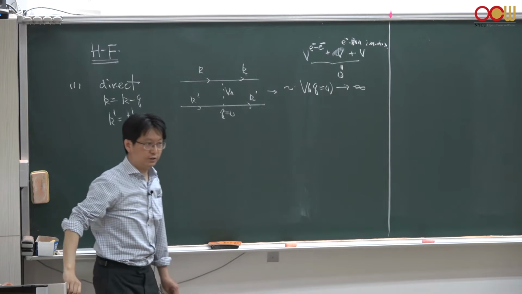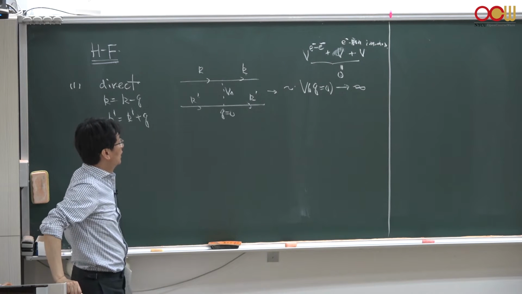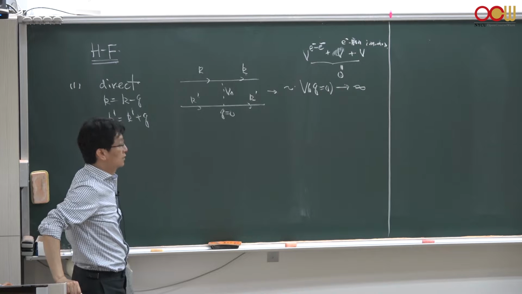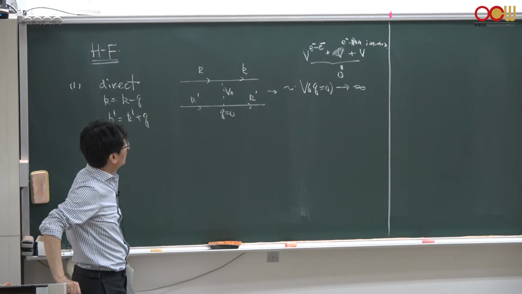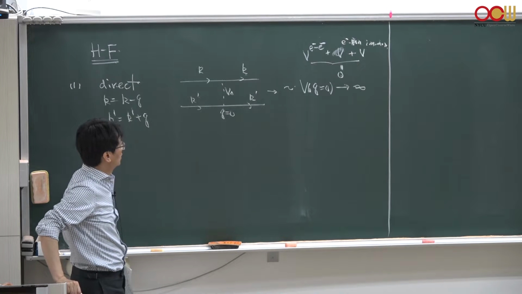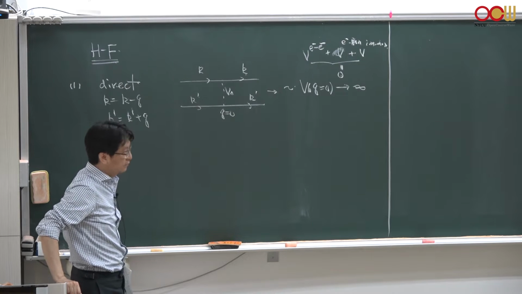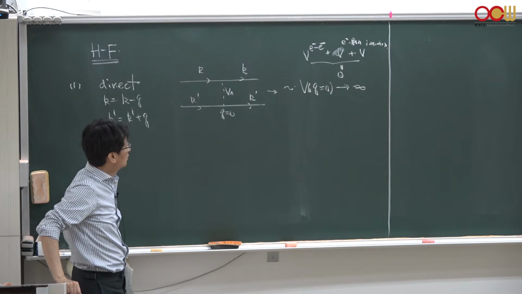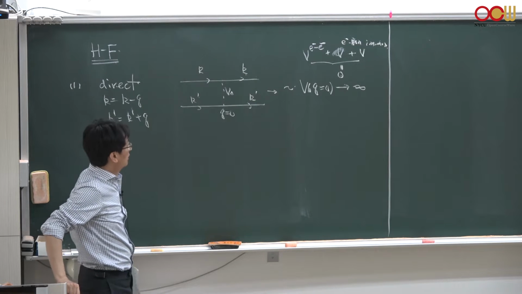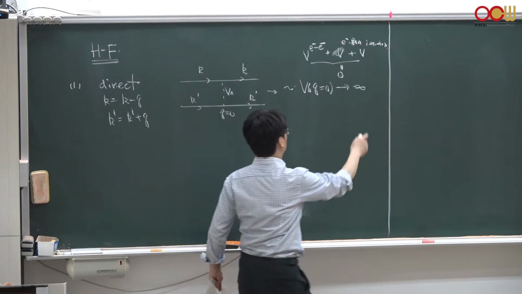Because of the charge neutrality property of solids, if you sum up all these infinitely large Coulomb interactions between electron and electron, also between electron and ions, which is attractive, and also between ion and ion, which is repulsive, it is equivalent to actually summing up all the charges.